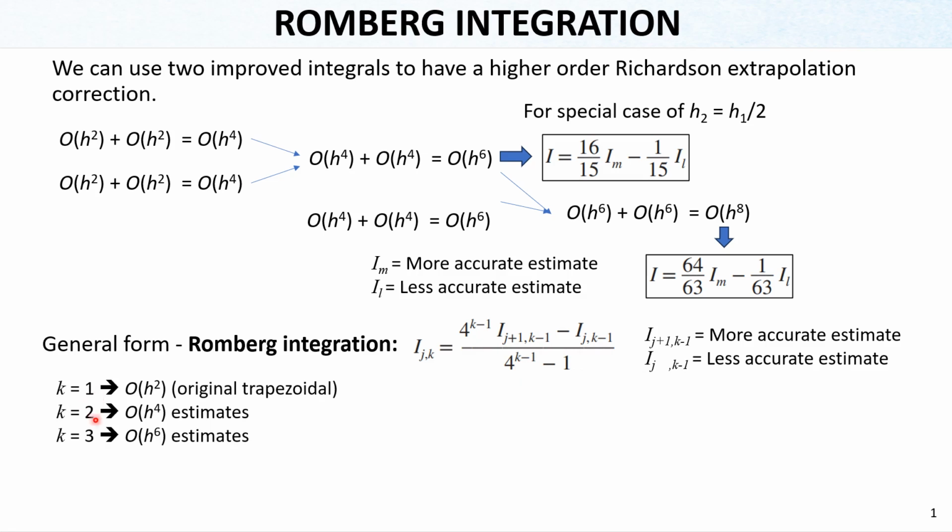And k equals 1, 2, and 3 correspond to O(h^2), O(h^4), O(h^6), and it goes this way, 4 is O(h^8), etc.